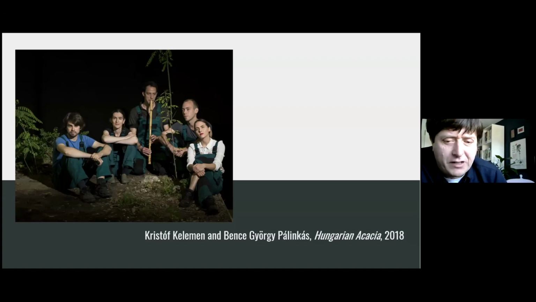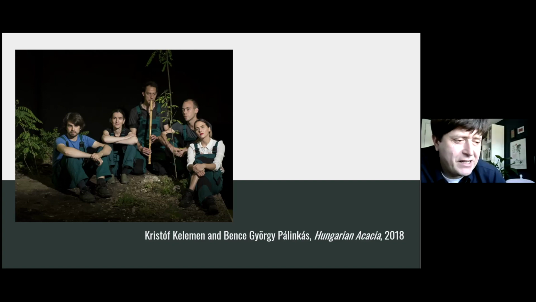Another project I'd like to share with you, which really talks about the arbitrariness of the way in which resettled species are adopted or rejected by populist political movements, is Bence György Pálinkás and Christoph Kellermann's work, Hungarian Acacia.